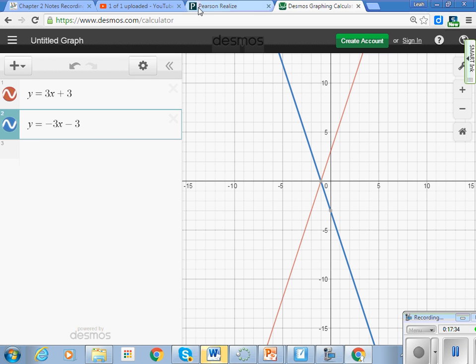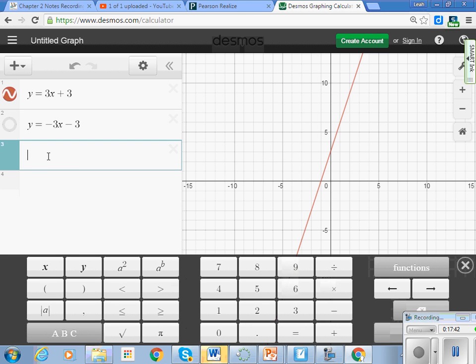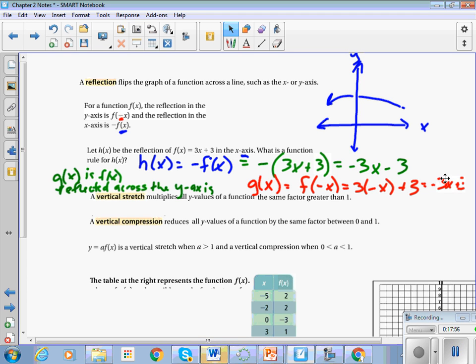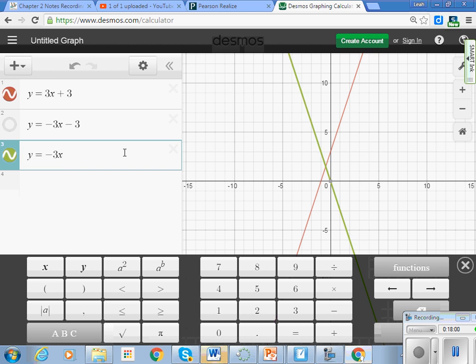If you haven't used Desmos.com, it's amazing. So let's go ahead and turn this blue one off. And we're going to see what happens when we reflect it across the y-axis. So we take our function and replace the x value. So we get negative 3x plus 3. And you can see it reflects it across the y-axis.